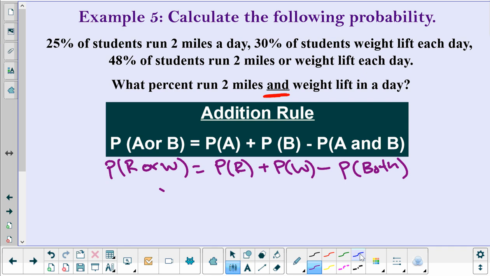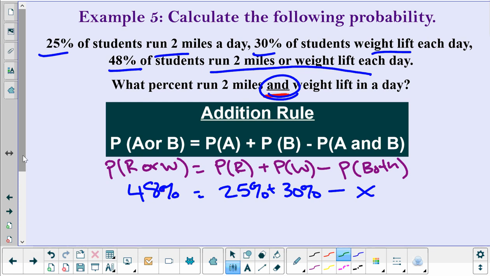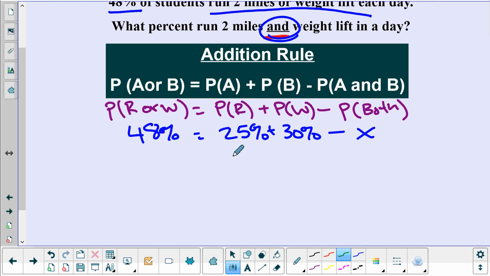In this case, I'm given 25% of students run, so that's 25%. 30% of students weight lift, so that's 30. And 48% of students run 2 miles or weight lift, so that's 48 over here. And again, we're looking for the and. So good old algebra, solve for x, solve for what's missing.